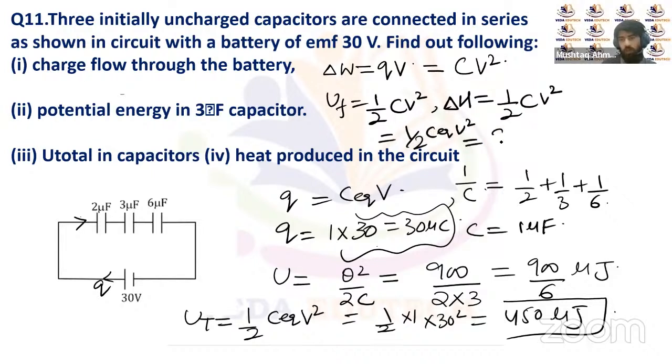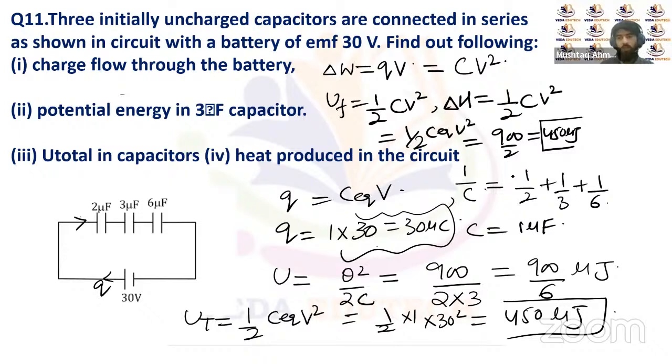That will be 900 over 2, that will be 450 microjoules, right? So it means 900 microjoules of work will be done by the battery. Half of the work will be stored as the energy in the capacitor, and half of the energy will be liberated or dissipated as heat in the circuit.